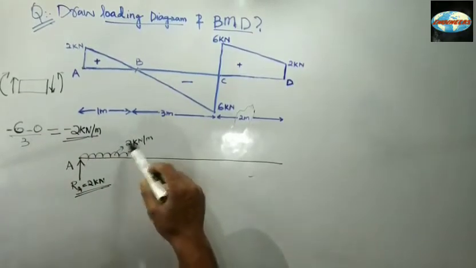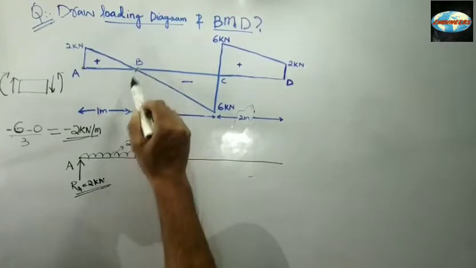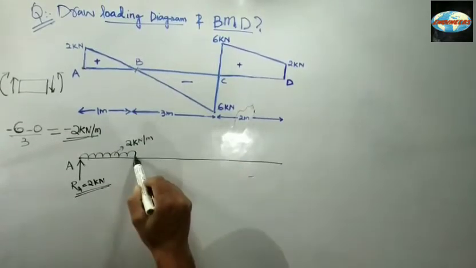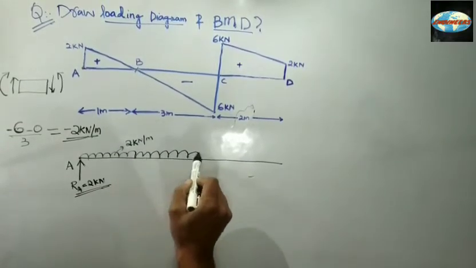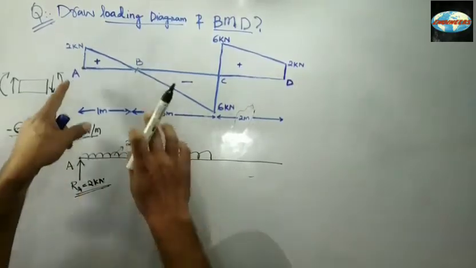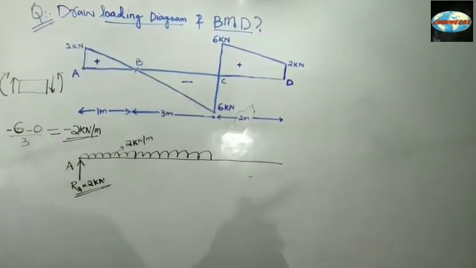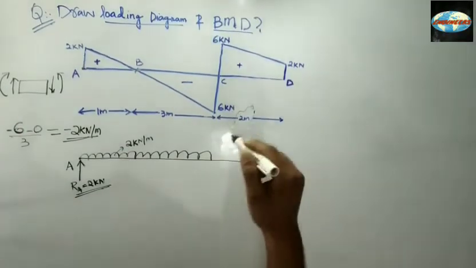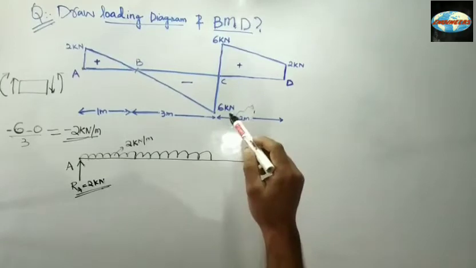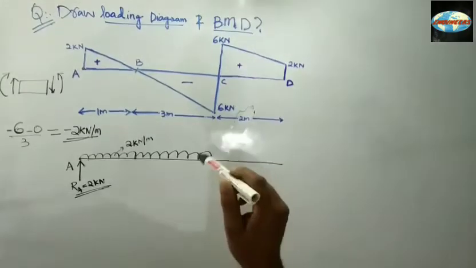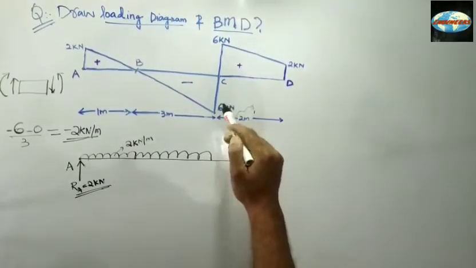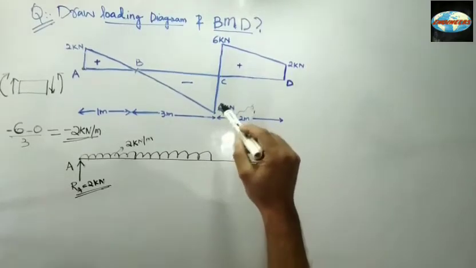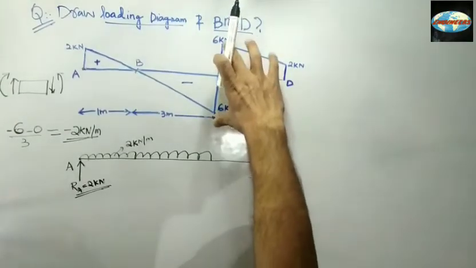So this load is not only up to B, it's up to C actually. We have a UDL from A to C of 2 kilonewton per meter. Now what happens at C? Here at point C, the SFD changes drastically.